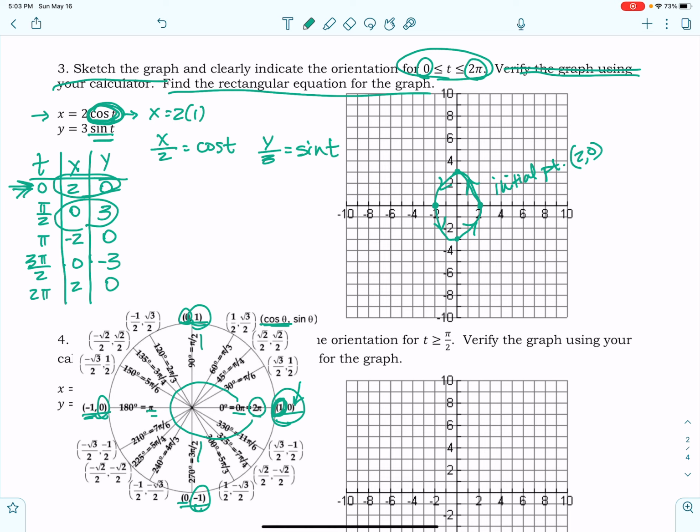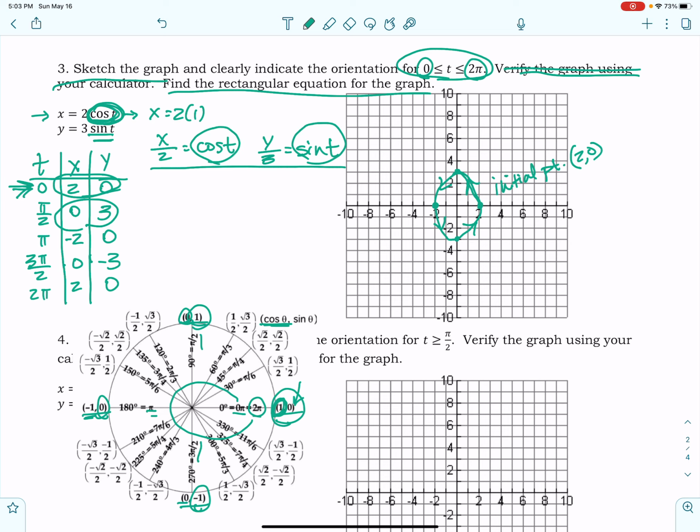Since we have an ellipse, that means we have an equation in which our x value and y value are both squared, added together, and equal to 1. This does not look that way yet.